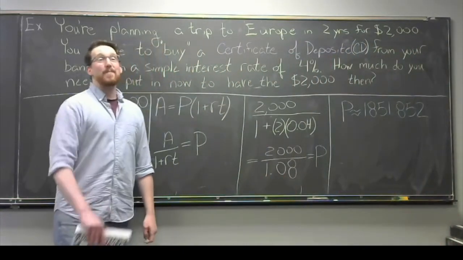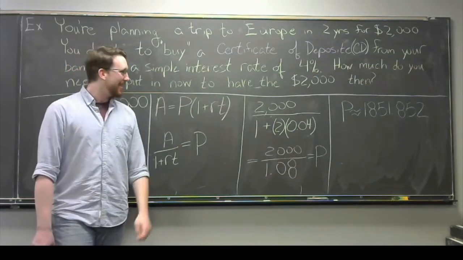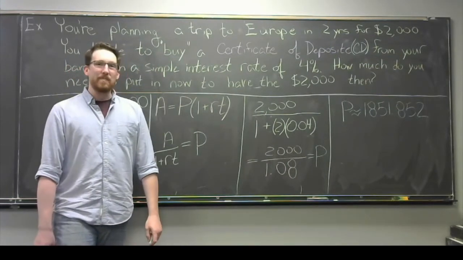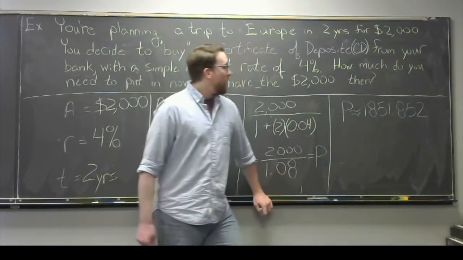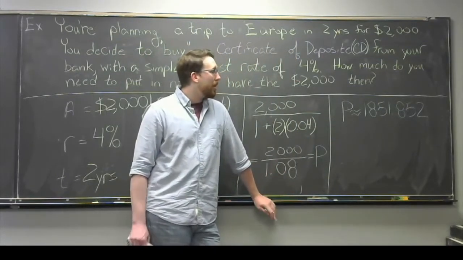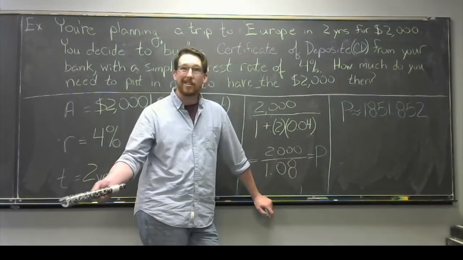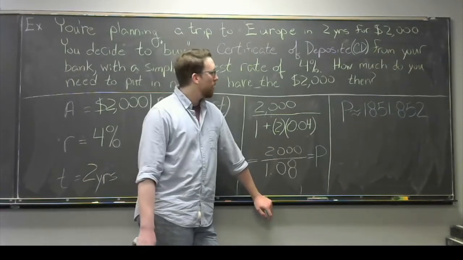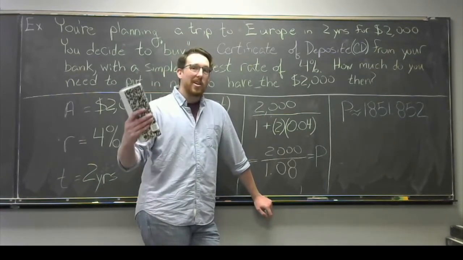No, I did not do that in my head. I have a cheat sheet on the board across from me here. Okay, so we found our principal amount is $1,851.85 and some change, right? Well, in this case, we're going to have to round it up.